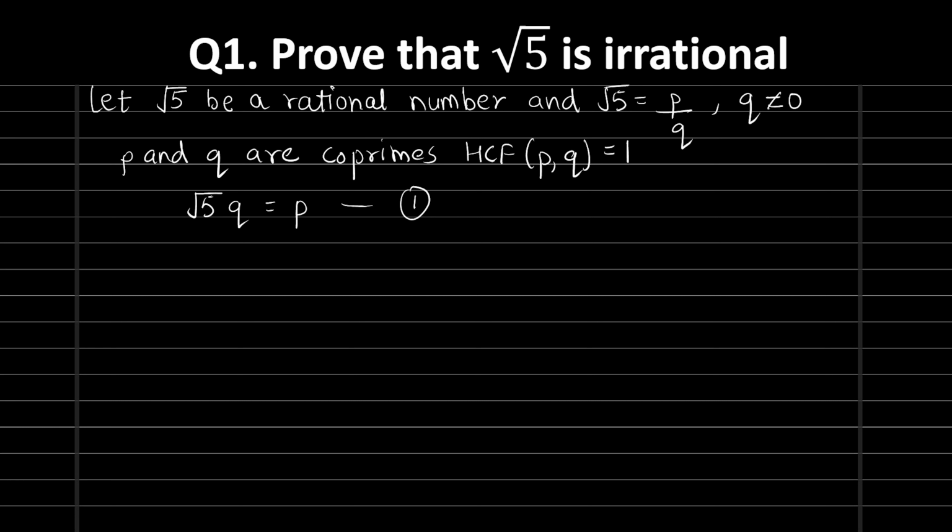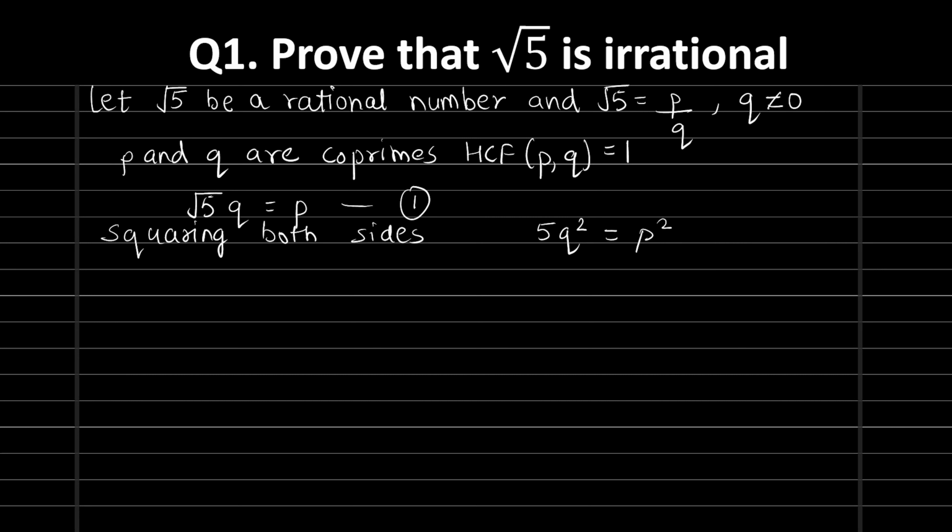Square on both the sides. So on squaring both sides, we will get root 5 q whole square, that will be equal to 5 q square, and p whole square, that will give us p square.